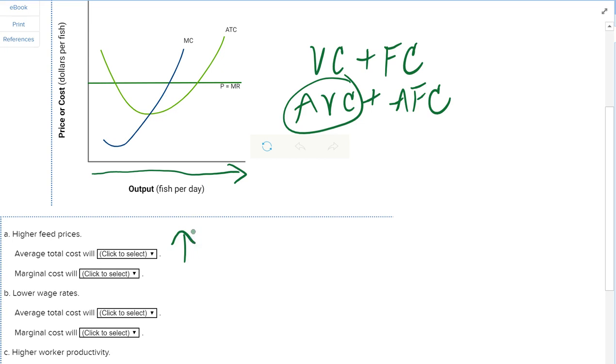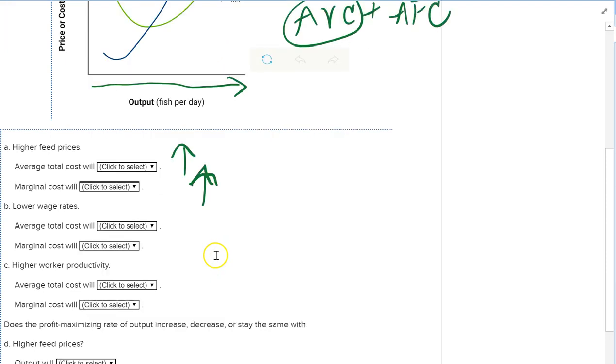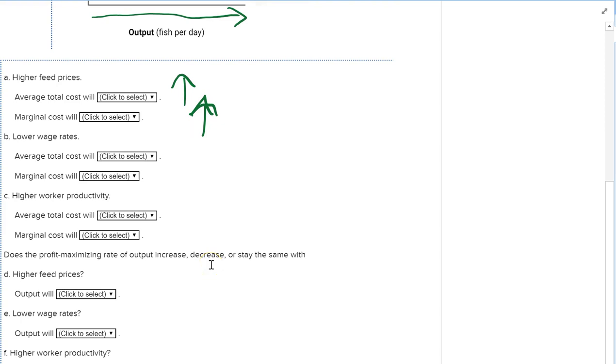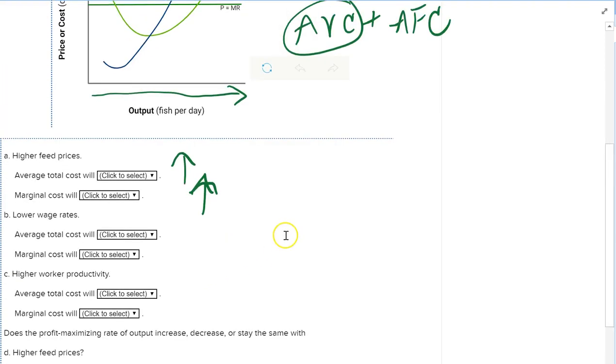What's going to happen to my marginal cost? Well, it's also going to increase my marginal cost because it's the change in total cost, right? So total cost is going up. The change in total cost will increase, and so my marginal cost will increase as well. Bad. Lower wage rates, and I think you can go through this and use logic for a lot of this, but if it's lowering my total costs, then you're going to have the opposite effect.